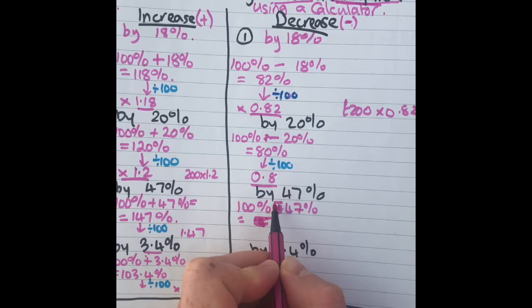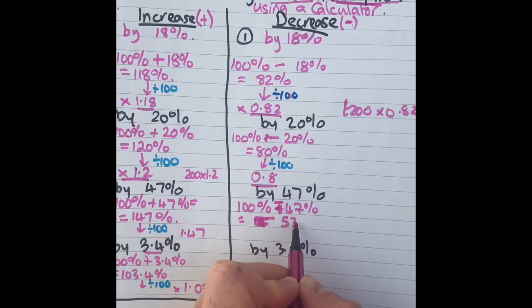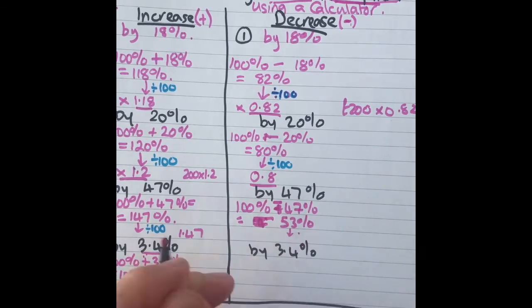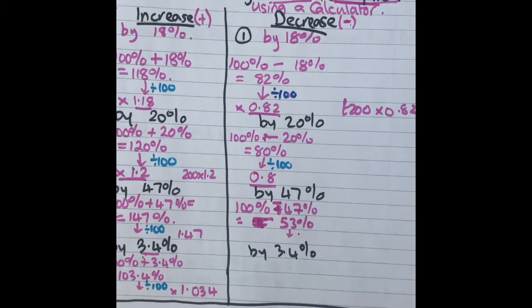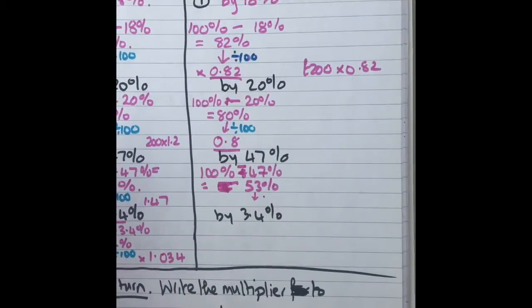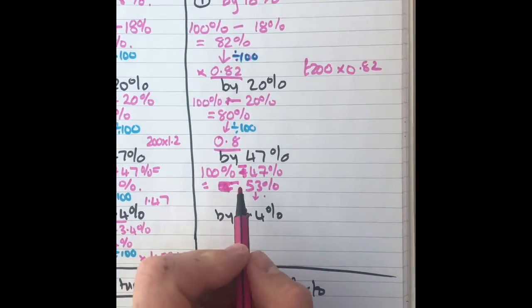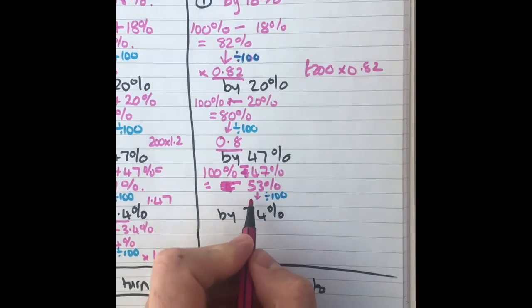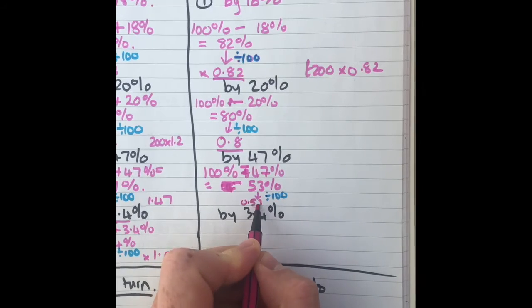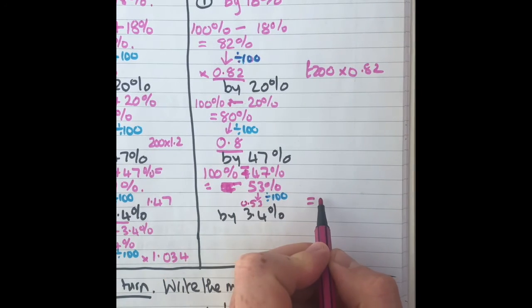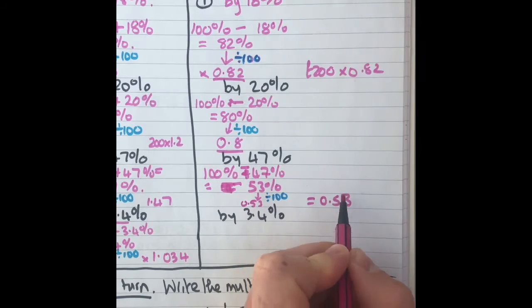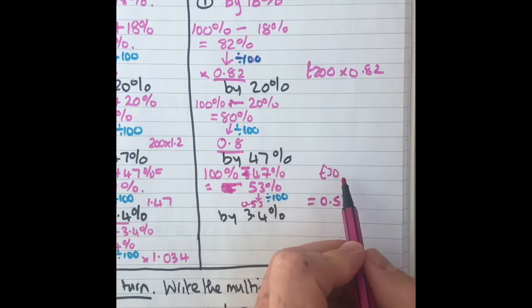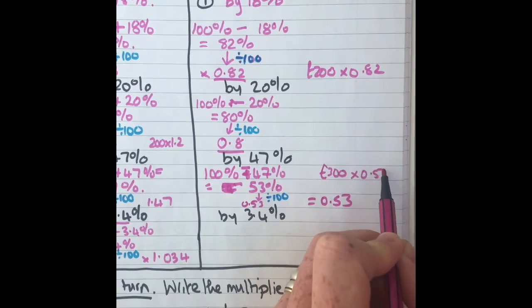So take away and you get 53%. So 53% divide by 100 and you'd get 0.53. So the multiplier for a 47% decrease is 0.53. So for example, if I want to reduce £300 by 47%, you do 300 times 0.53.